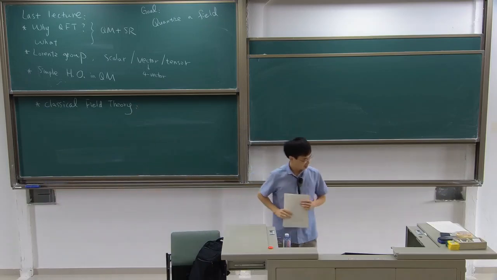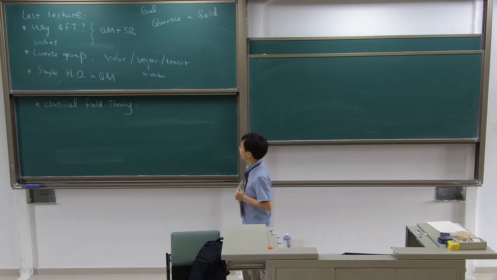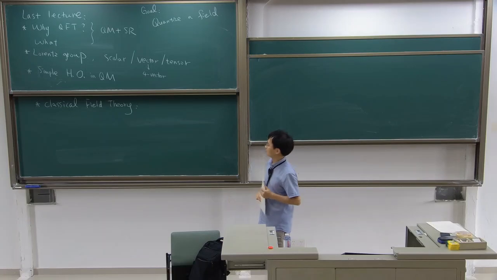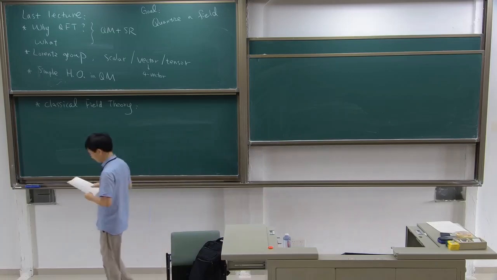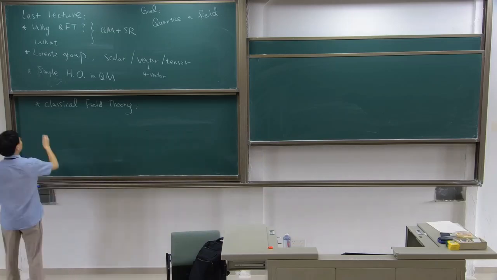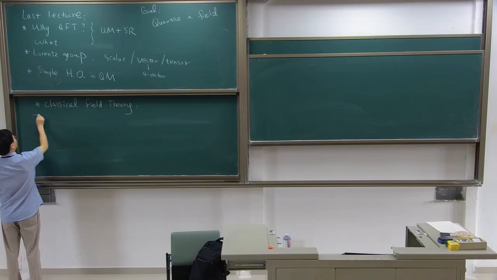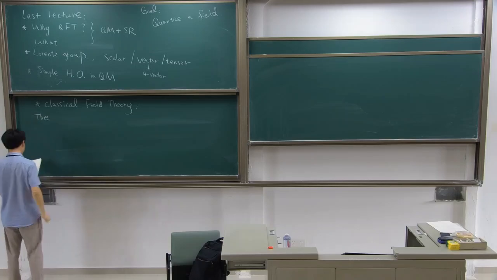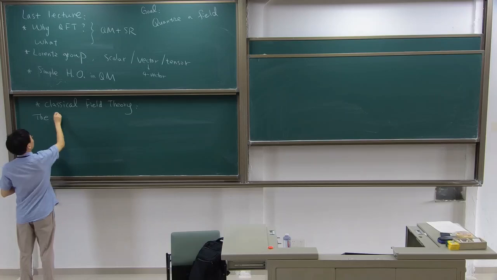Of course, we already know some examples, like Maxwell's theory, Maxwell's equations. It's all about the classical theory. But the goal here, we need to be a little bit systematic to discuss the theory.